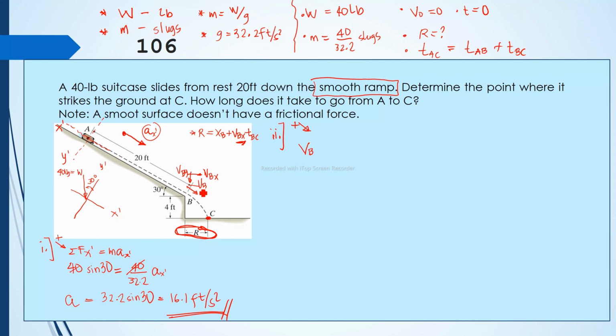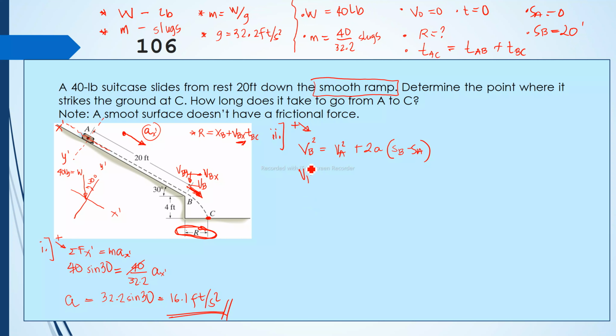So here we get the incline velocity at B. The square of the final velocity, the velocity at B, is equal to the square of the initial velocity, the velocity at A, plus 2 times the acceleration times the displacement, that is SB minus SA. We have SA equal to 0, and the displacement at B is equal to 20 feet.